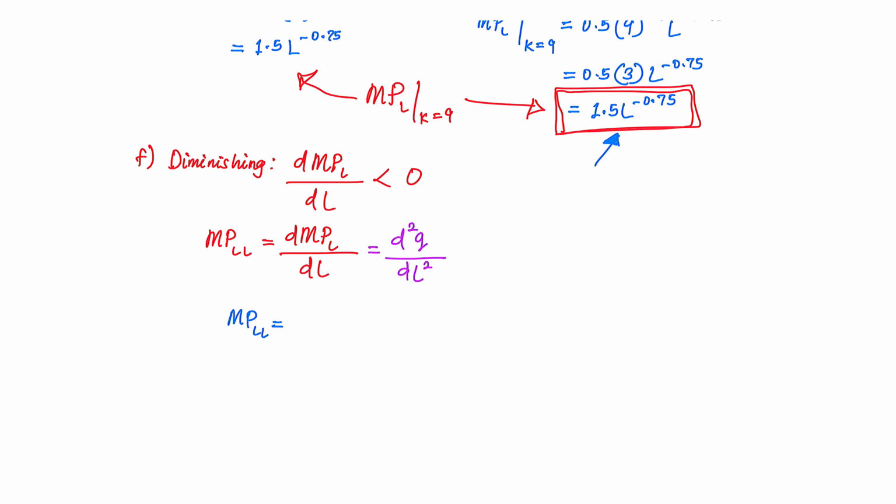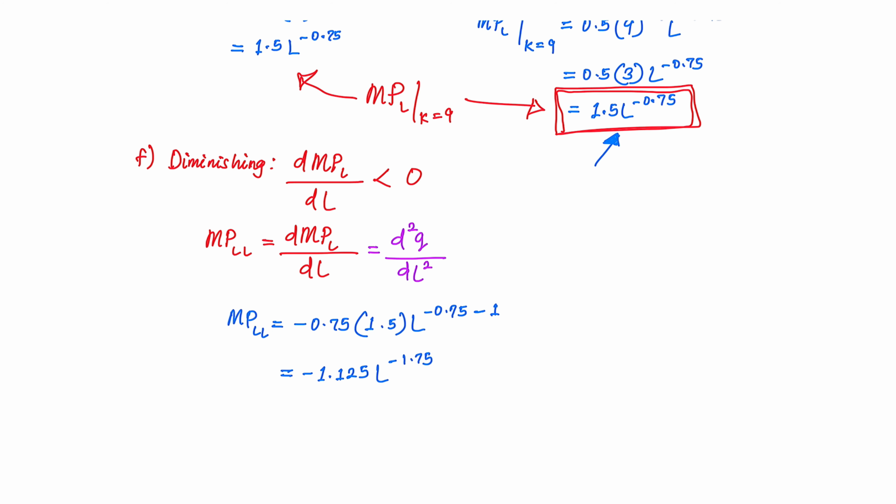So we bring the power of L down, which is minus 0.75, multiply to the existing coefficient, which is 1.5, L, subtract 1 from the power. So we have minus 0.75 minus 1. Simplifying, we have equals minus 0.75 multiplied by 1.5. That will give us minus 1.125, then L to the power of minus 0.75 minus 1, that's minus 1.75.